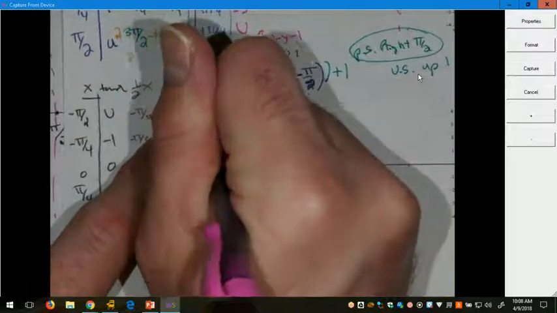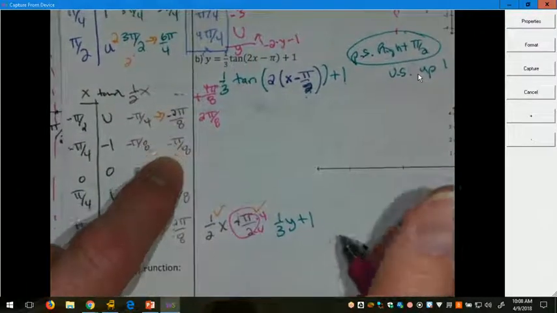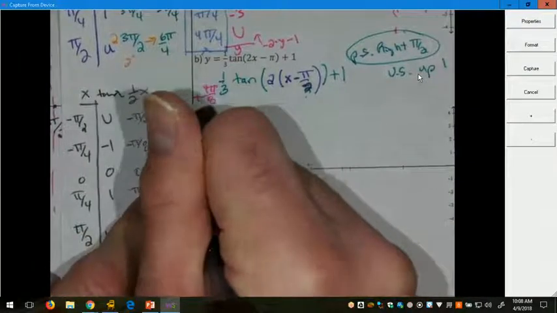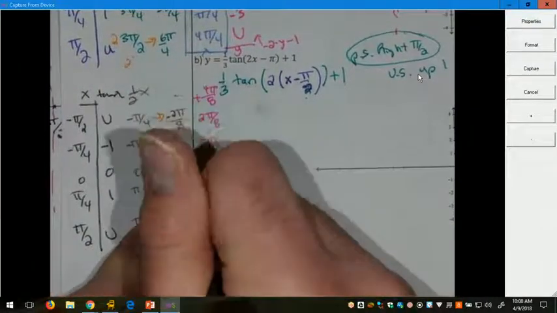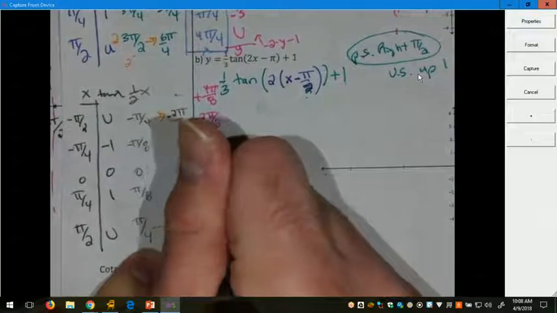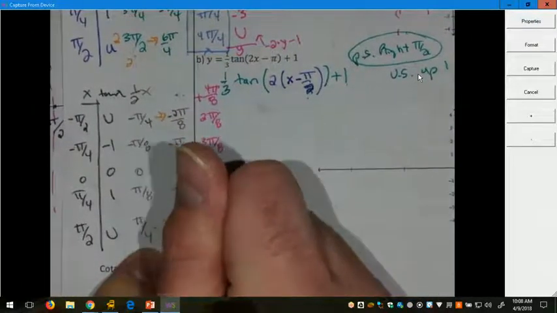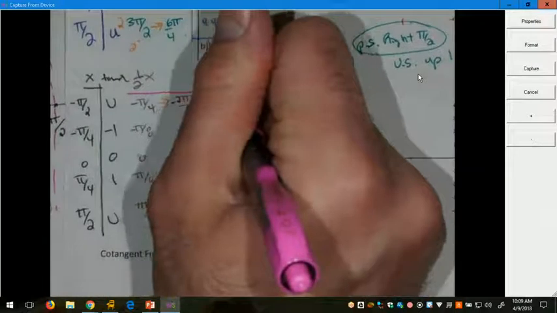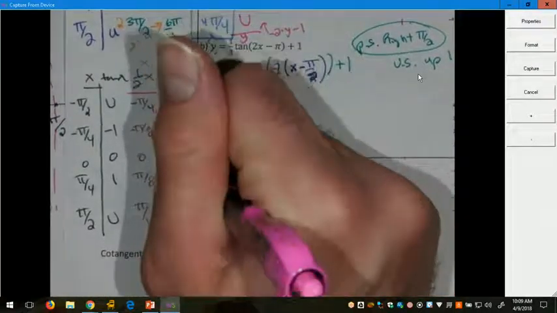This gives me 2 pi over 8, 3 pi over 8, 4 pi over 8, 5 pi over 8, and 6 pi over 8. All evenly spaced. That's my final x coordinate.